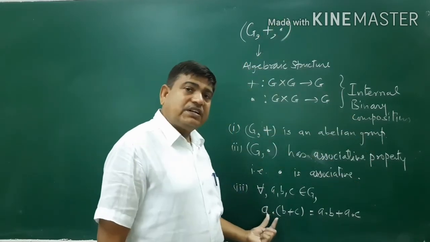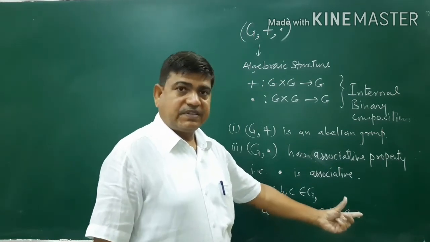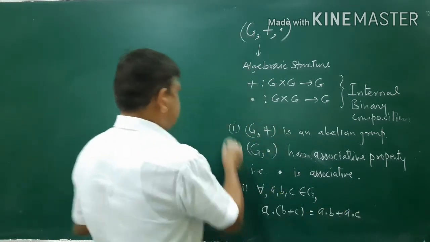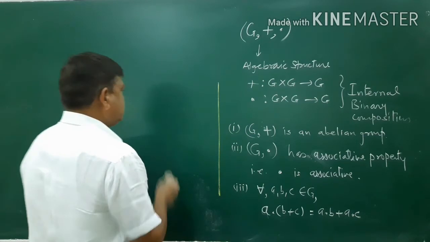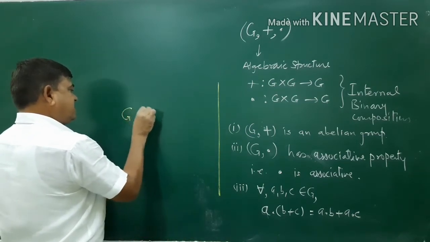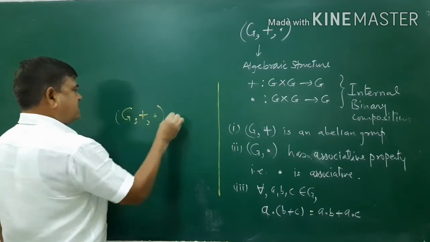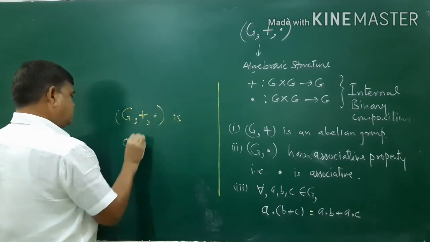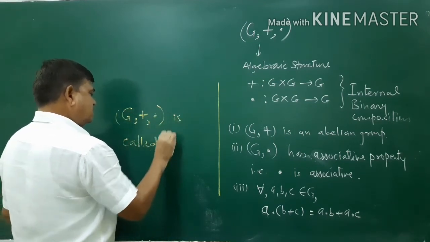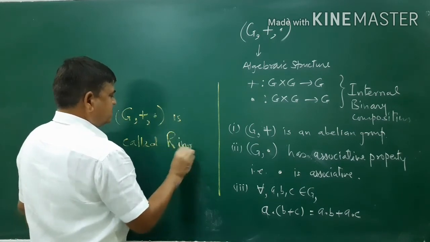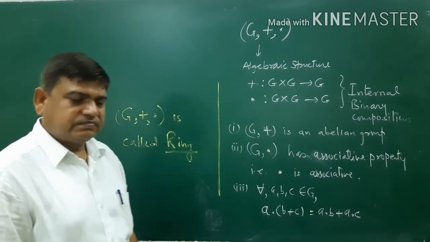Here it is, that is the distributive property. If G has all the things, then G is called a ring.